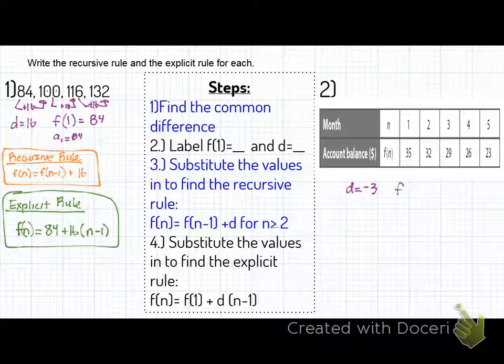Our f of 1 is going to be equal to 35. That's the first term. Then I'll use a different color here for the recursive formula.